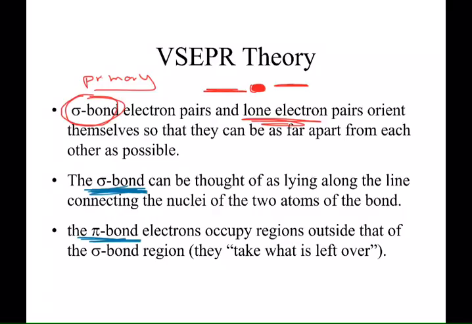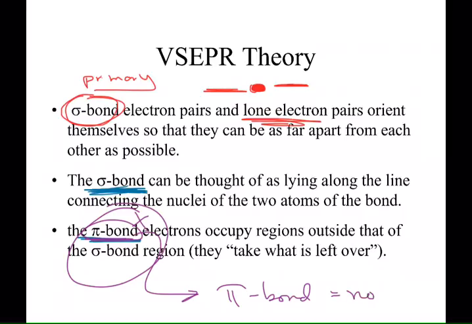I'm going to try to convince you of this: pi bonds do not give shape. Pi bonds equal no shape because they are basically just going to hover around the sigma bond.